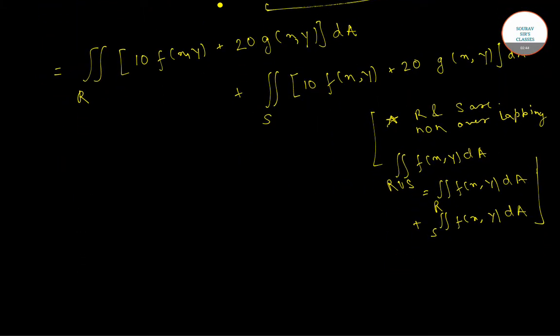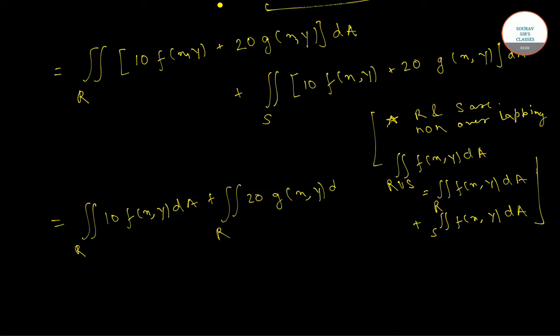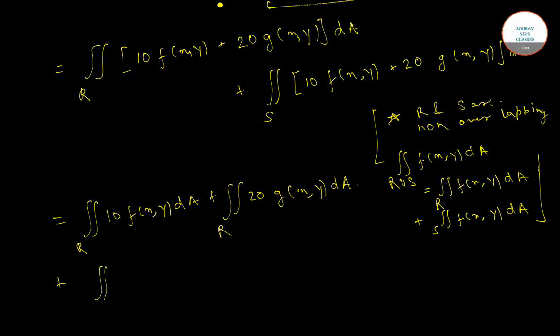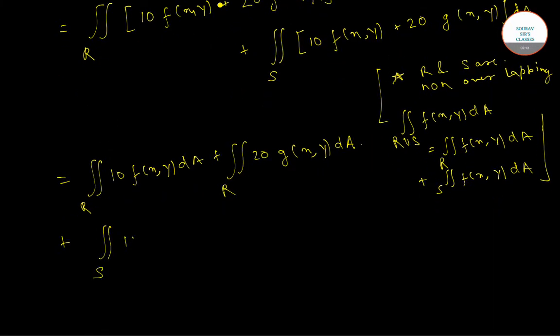Now we will write it as the double integration over R of 10 f(x,y) dA plus the double integration over R of 20 g(x,y) dA, plus the double integration over S of 10 f(x,y) dA plus the double integration over S of 20 g(x,y) dA.